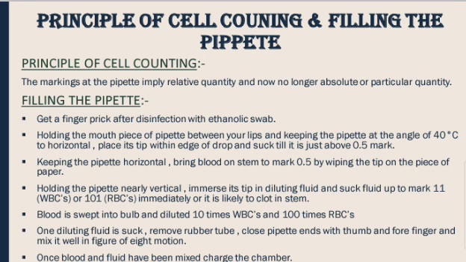So then blood is swept into the bulb and diluted 10 times for WBCs and 100 times for RBCs once diluting fluid is sucked. Remove the rubber tube, close the pipette end with thumb and forefinger and mix it well in a figure of 8 motion. Once blood and fluid have been mixed, charge the chamber.